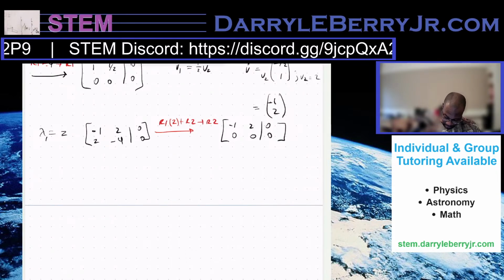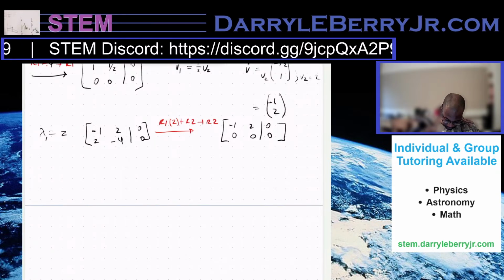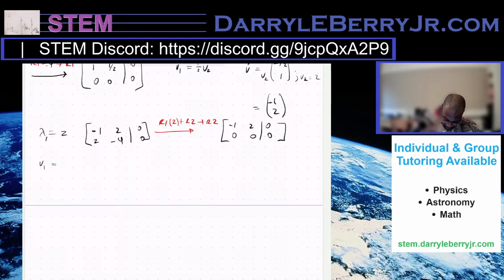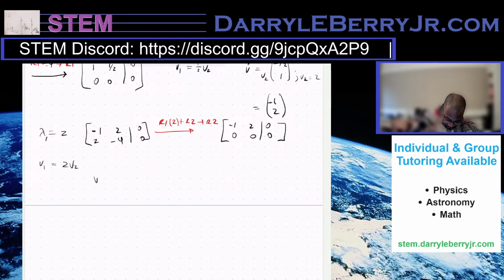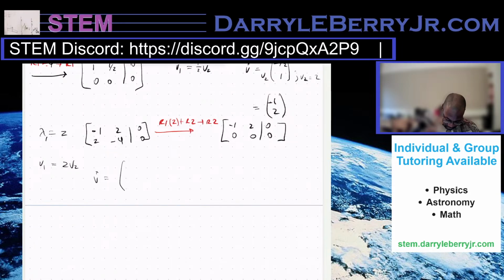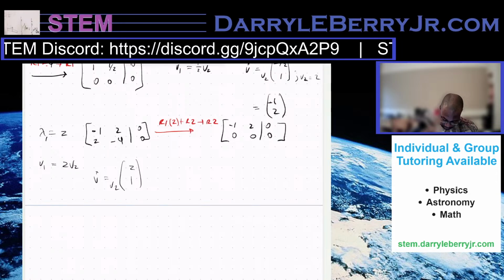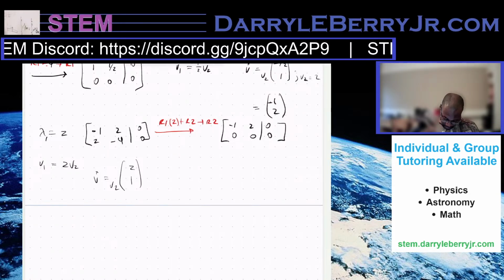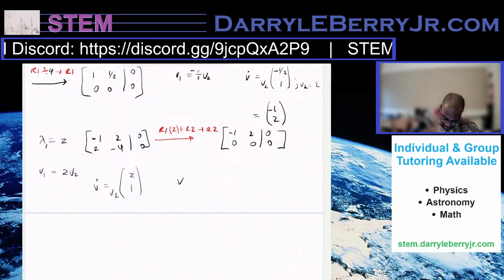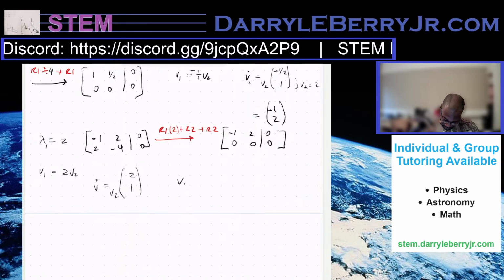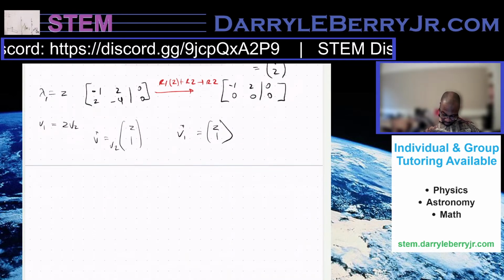Then we have V1 equals 2V2. So V equals 2, 1, V2. So letting V2 equal 1, V equals 2, 1, right?